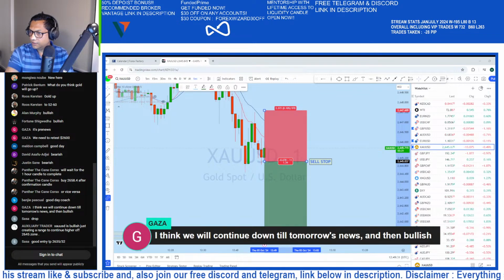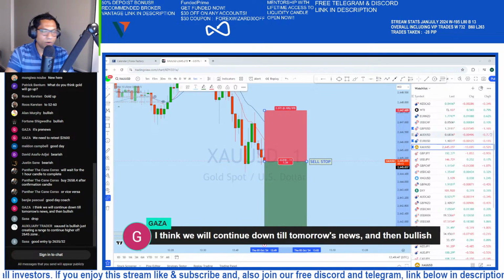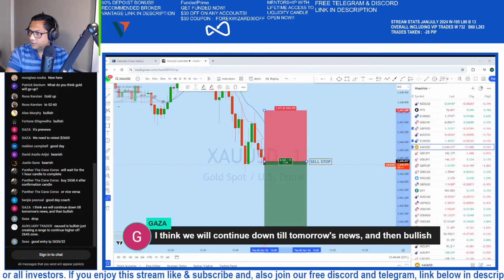Okay, so there's also a liquidity candle formation. Okay, there is a rejection, and it's good to see that after we open.